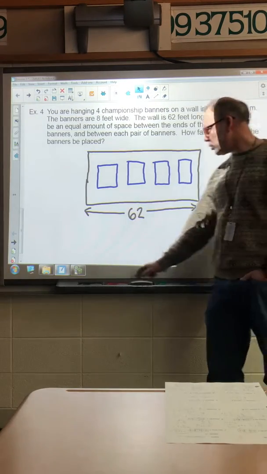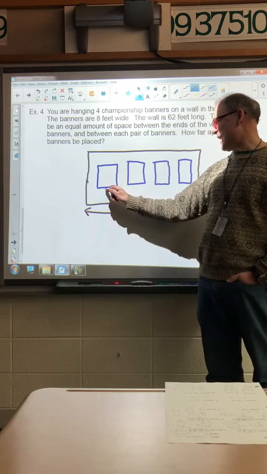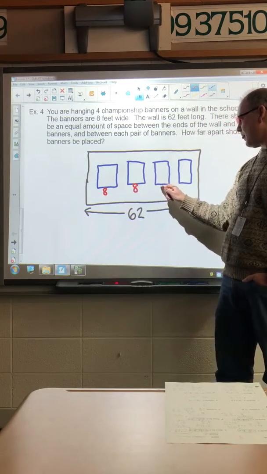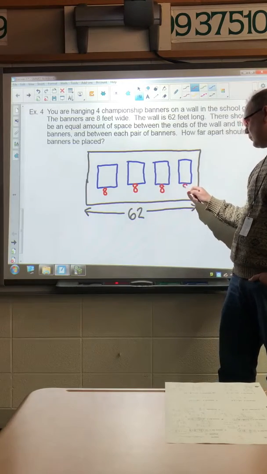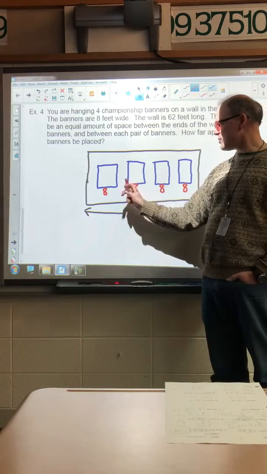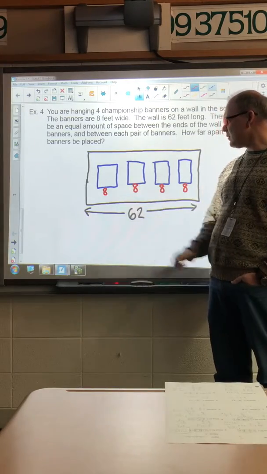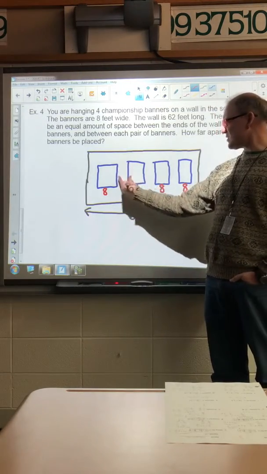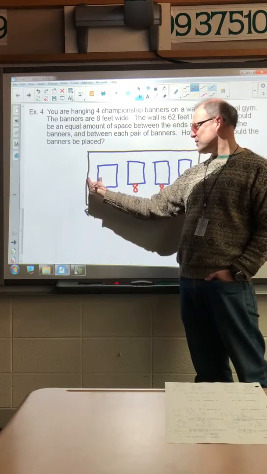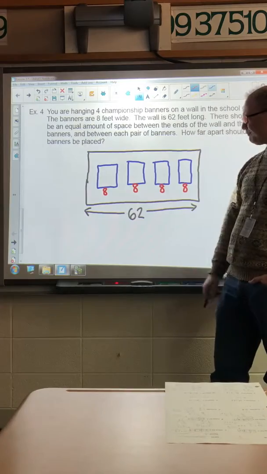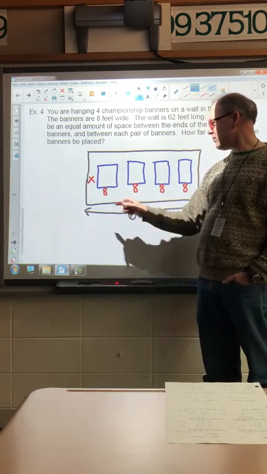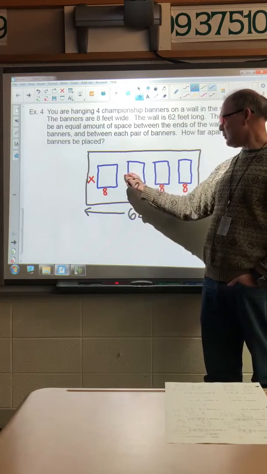Okay, so each of these banners is 8 feet wide. So the question is, how far apart should these banners be so that we have the same distance between the banners and the same distance between the banner and the wall? So I'm kind of looking for this distance right here, and it's the same.